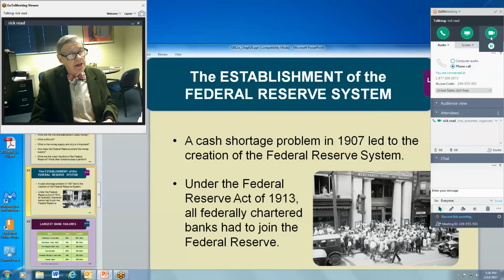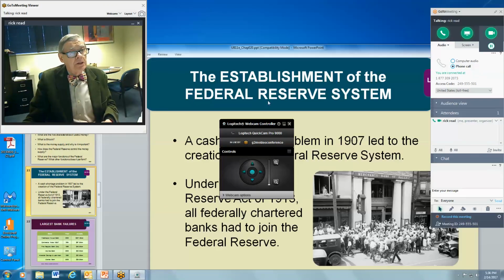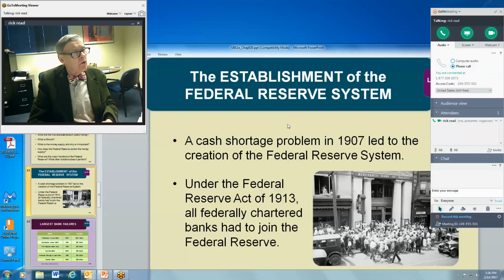Whether that's true or not, I really can't say. He did offer to help get the government out of the quandary that it was in by loaning the government, I believe, if I remember correctly, $25 million. That isn't even change as far as we're concerned today. So the Federal Reserve was established in 1913.